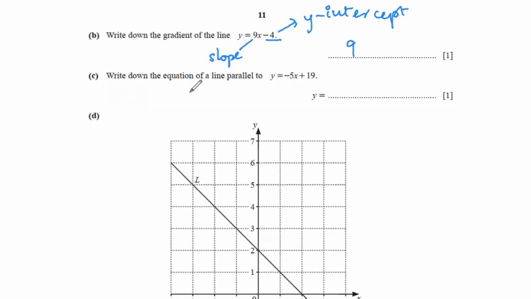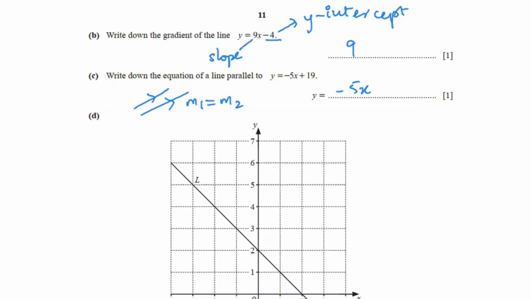Then part C says write down the equation of a line parallel to y equals -5x plus 19. So remember, parallel lines have the same gradient. So you can create an equation out of this information where your -5x is going to be the same, but now something else will be added or subtracted to it.